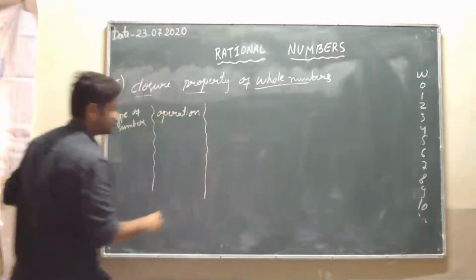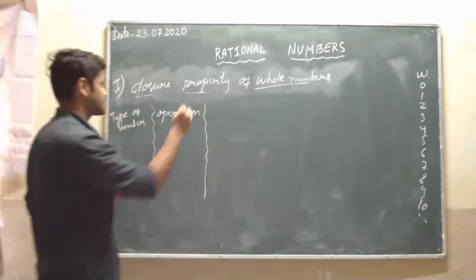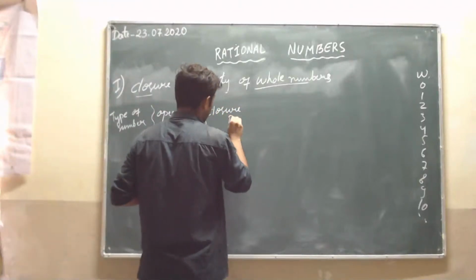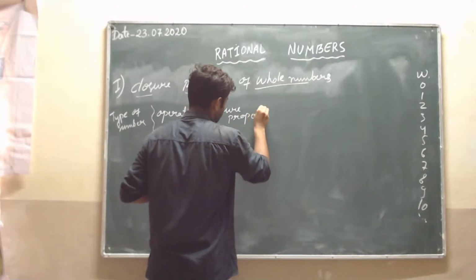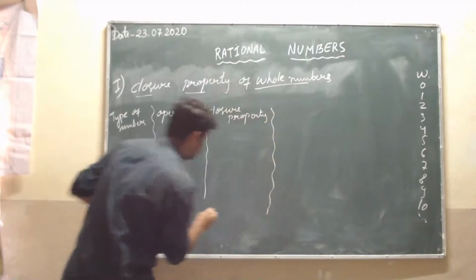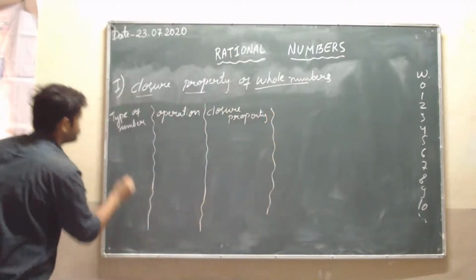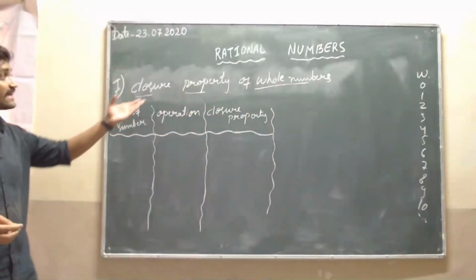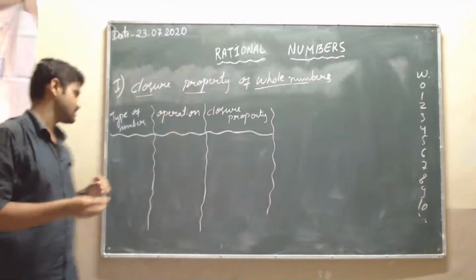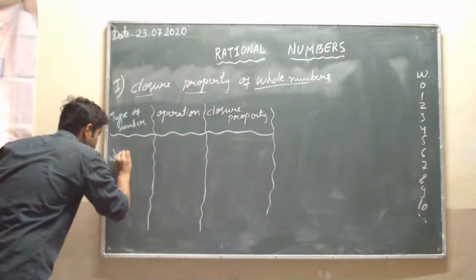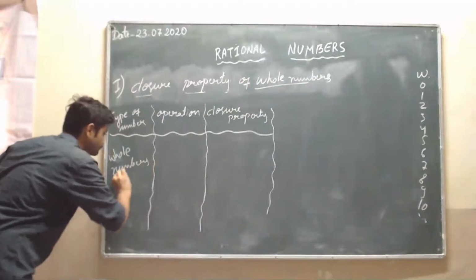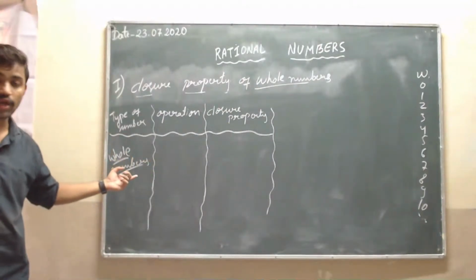Then closure property. Which type of number have we taken here? Whole numbers. Write it here.